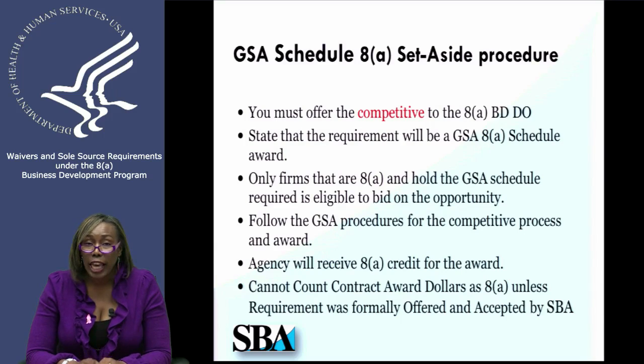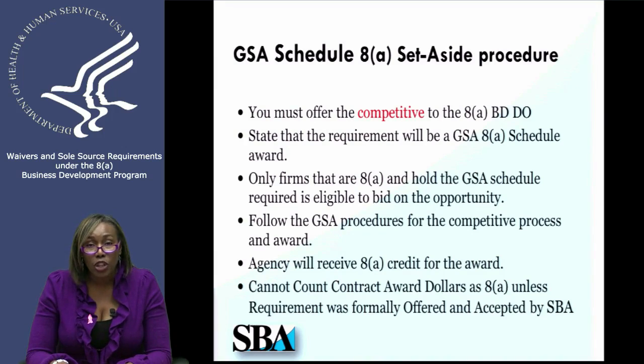Okay, so the 8(a) company has to be an active 8(a) participant to be able to compete. In addition, they must hold the GSA schedule that you require them to have, whether that be the Schedule 70 or the MOBIS. It is extremely important that they have both in order to be considered for the bid.